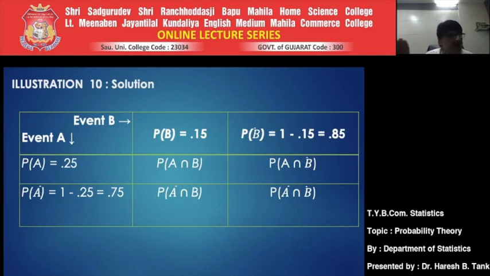Similarly, if you just go column-wise, probability of B is 0.15. The next column would be probability of B complement, which is 1 minus probability of B. Probability of B is 0.15. So 1 minus 0.15 is 0.85.